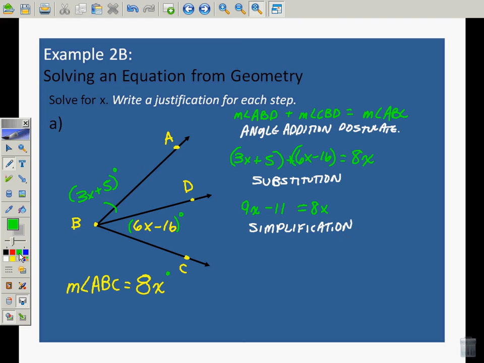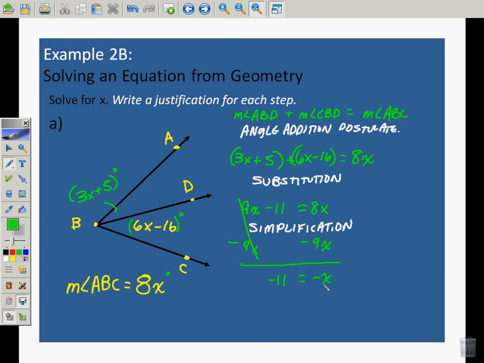And now I'm just going to solve. And so what I can do is I can say I'm going to subtract 9x from both sides. And so what I've got here is minus 11 is equal to minus x. Okay?